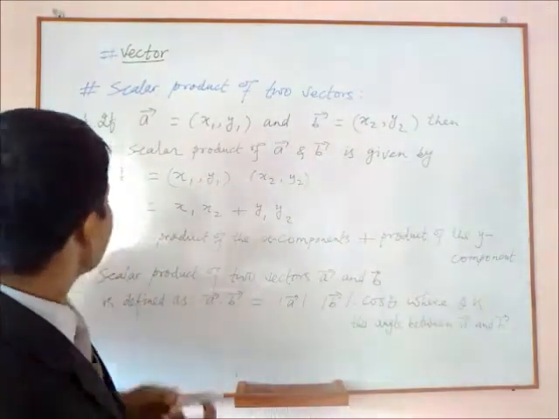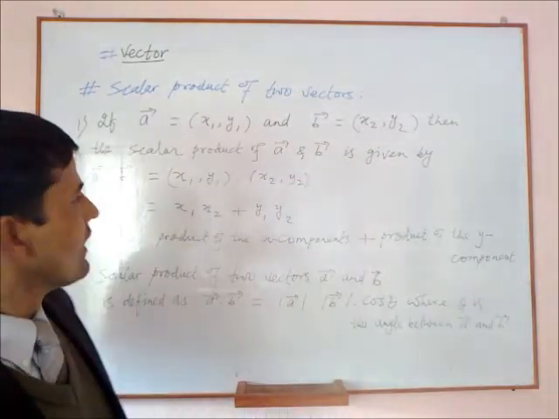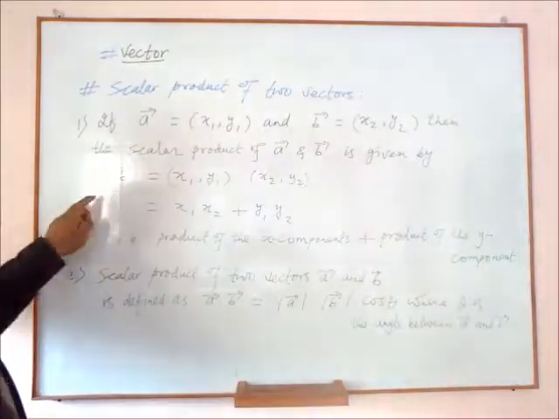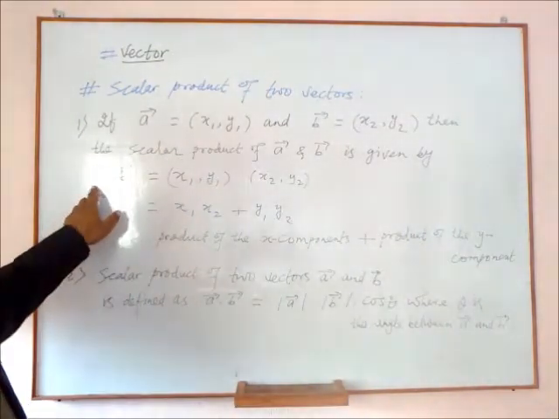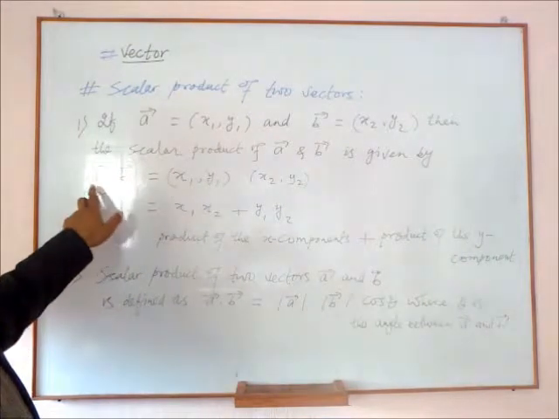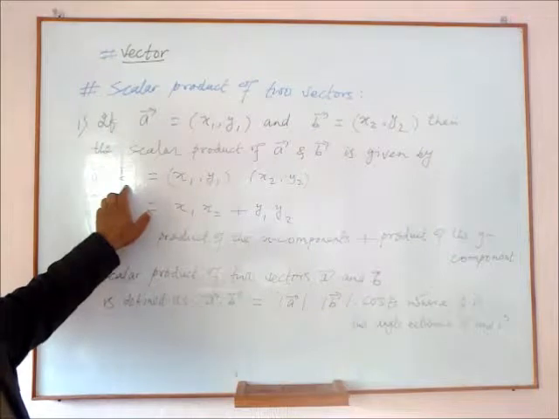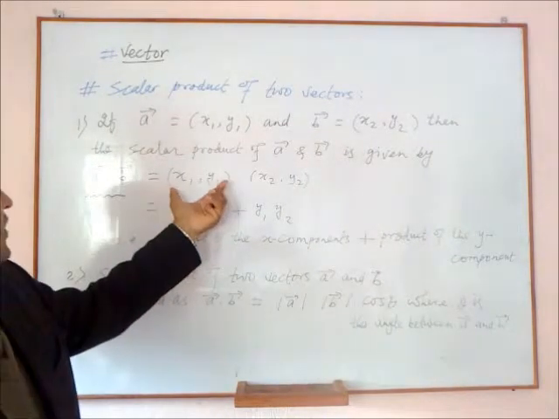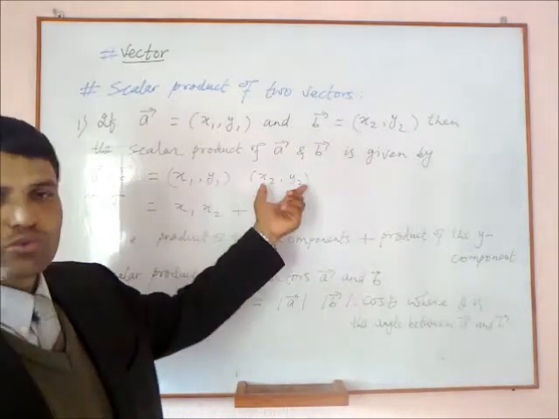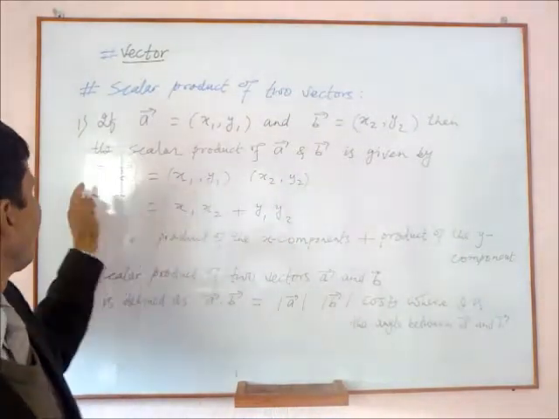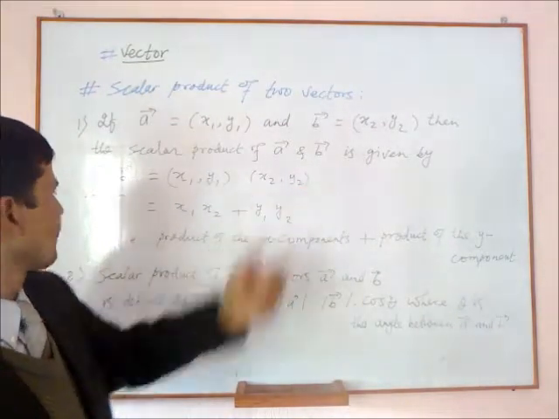Then the scalar product of those vectors A and B is given by A dot B. This is the symbol we write. We read this as A dot B, or the scalar product of vector A and vector B, is equal to the product of (x1, y1) and (x2, y2), where A means (x1, y1) and B means (x2, y2).